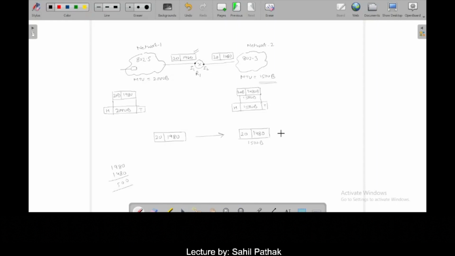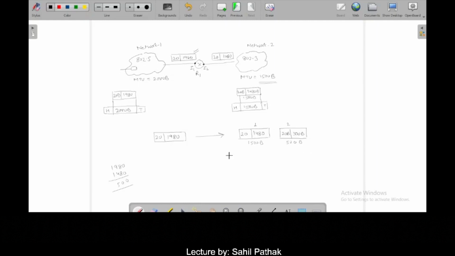OK, so we can have another fragment with size 500 bytes, and 20 bytes of header will be attached. OK, and the size will become 520 bytes. So this would be your fragment 1, this would be your fragment 2.